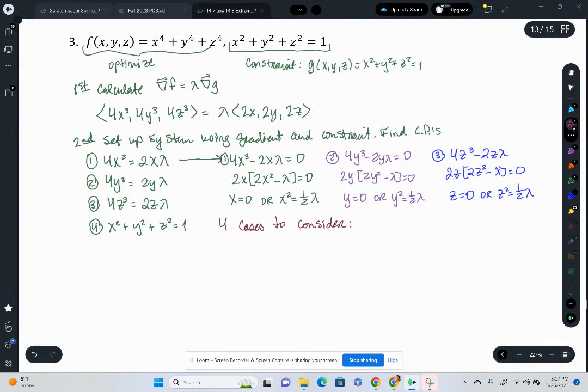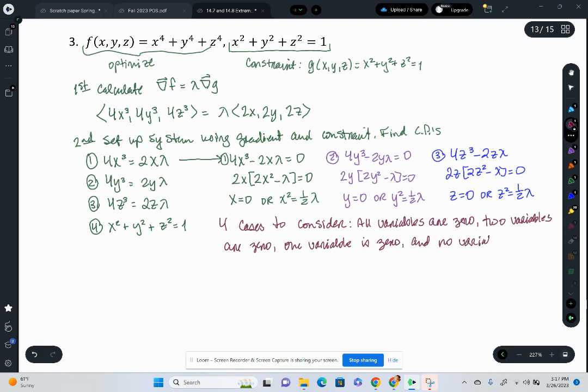And what they are is all variables 0, two variables are 0, one variable is 0, and no variables are 0.